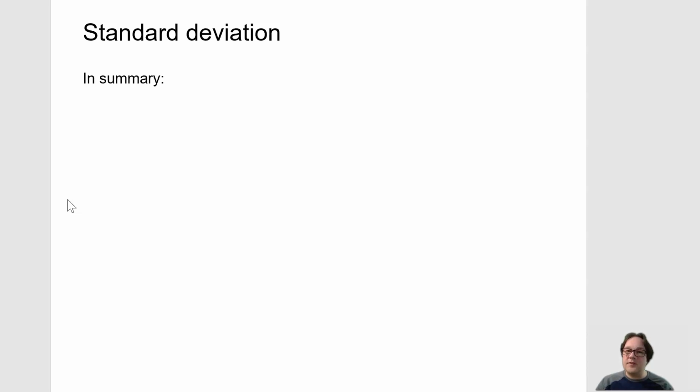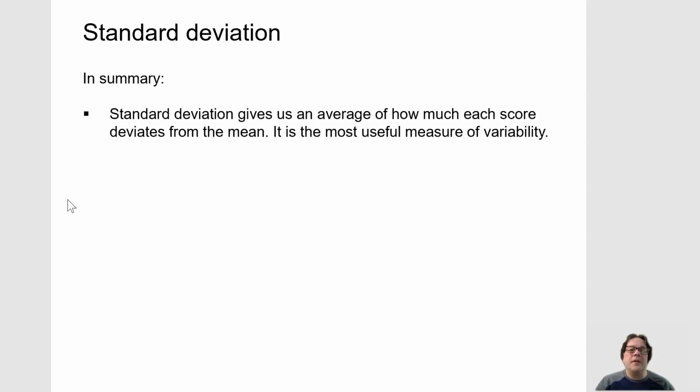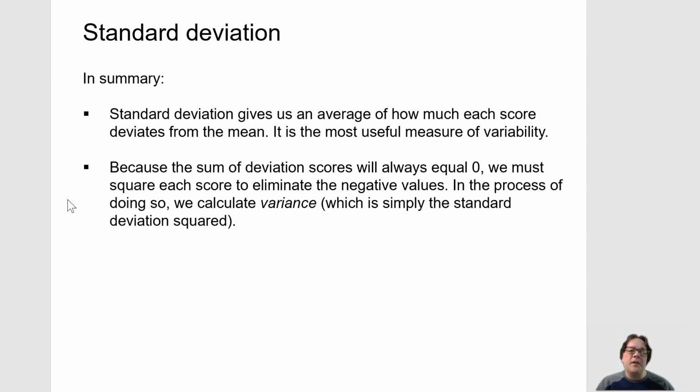So, standard deviation in summary. The standard deviation gives us an average of how much each score deviates from the mean. It's the most useful measure of variability. Because the sum of deviation scores will always equal 0, we have to square each of those deviation scores to eliminate those negative values.